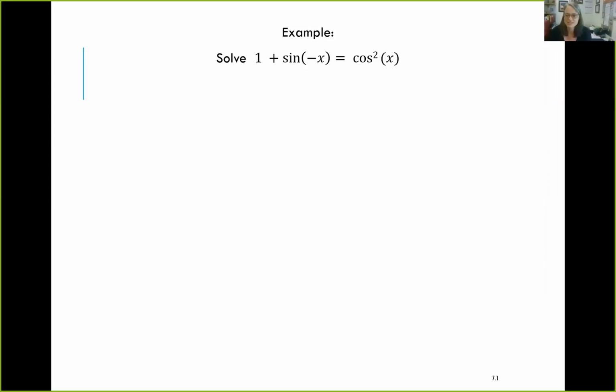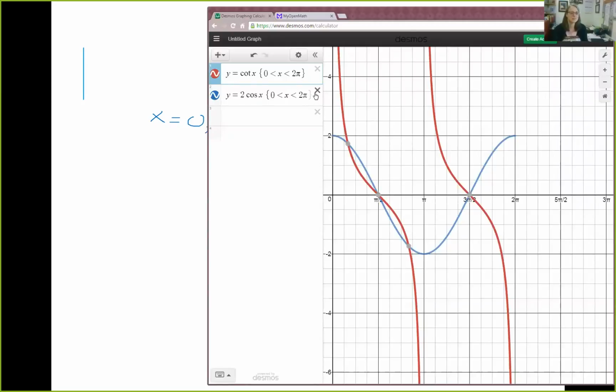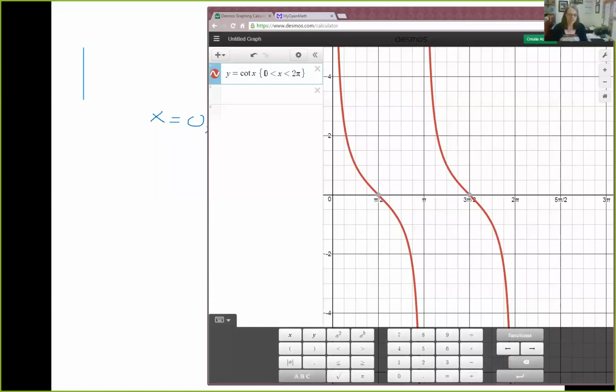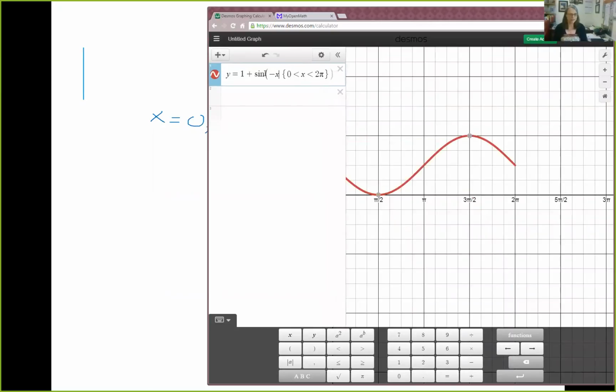The solutions to this one are x equals 0, pi, and pi over 2. Since I'm having difficulties with my memory today, let's check that on decimals. We'll put the left-hand side on one line. 1 plus sine of negative x.